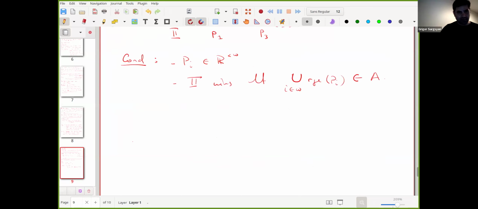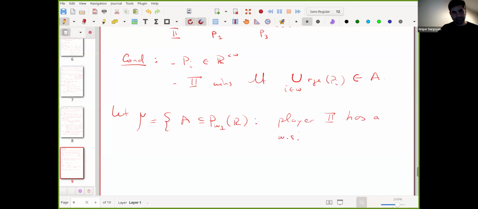Okay, so let mu be the set of A for which player 2 has a winning strategy. Then mu is as we want. This is the theorem that's already proved.